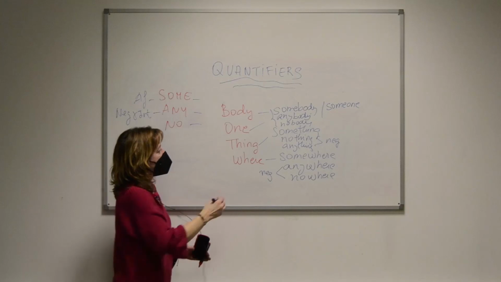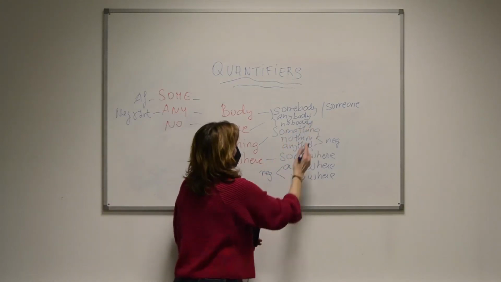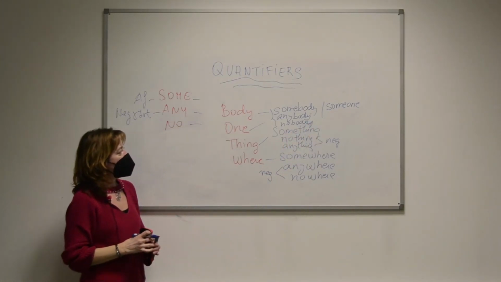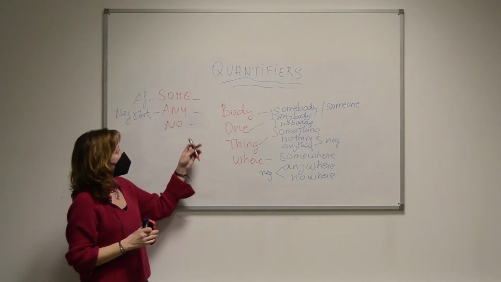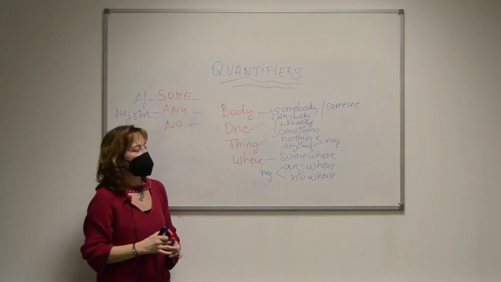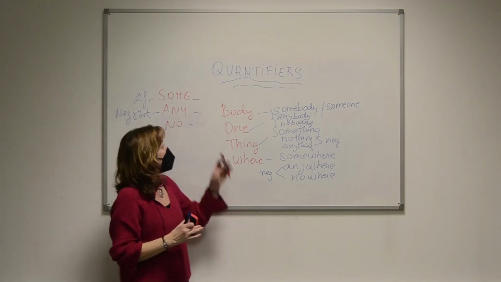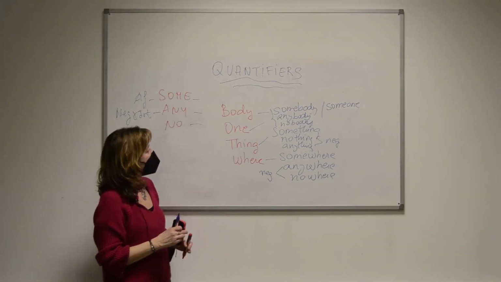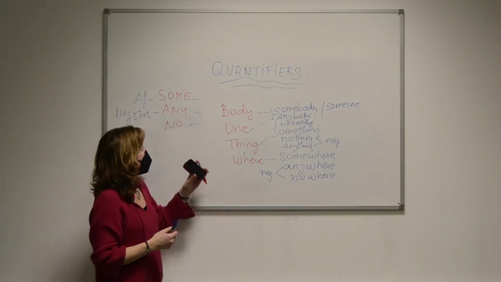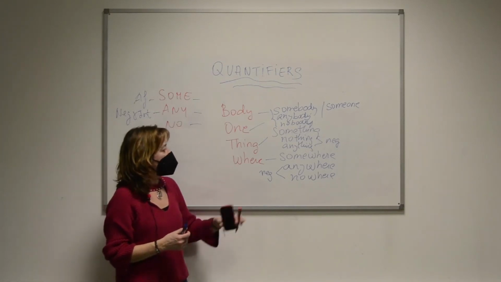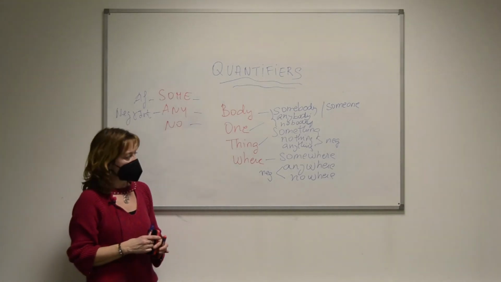All of them are compounds that are usually found with these words, some, any, and no. Some, any, and no with body refer to persons. Some, any, and no with thing refer to objects. Some, any, and no with where refer to places.